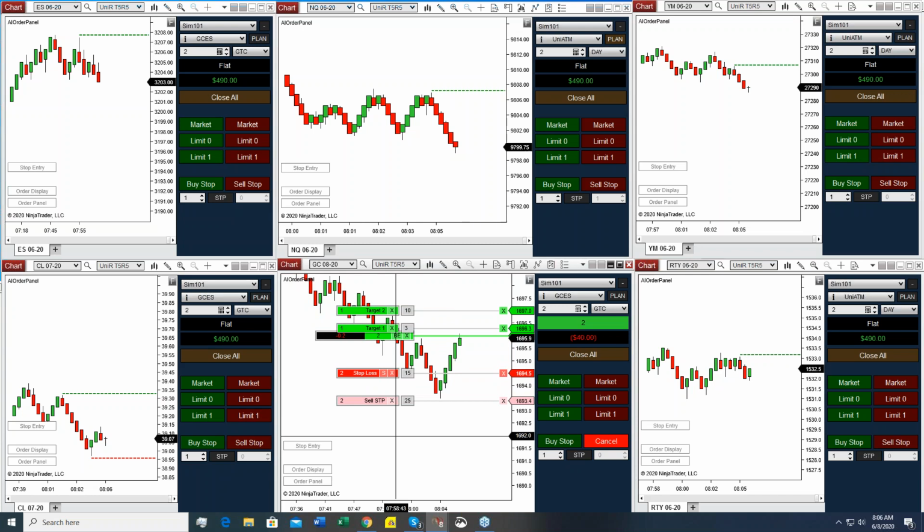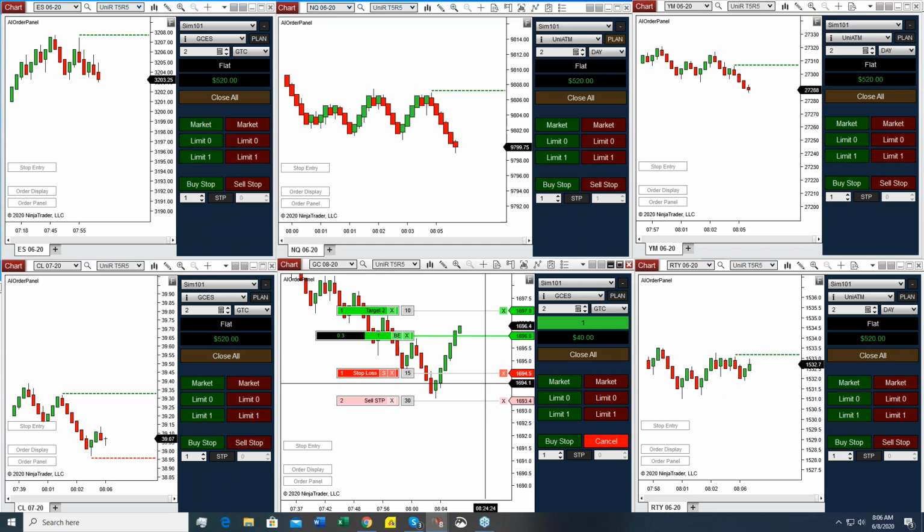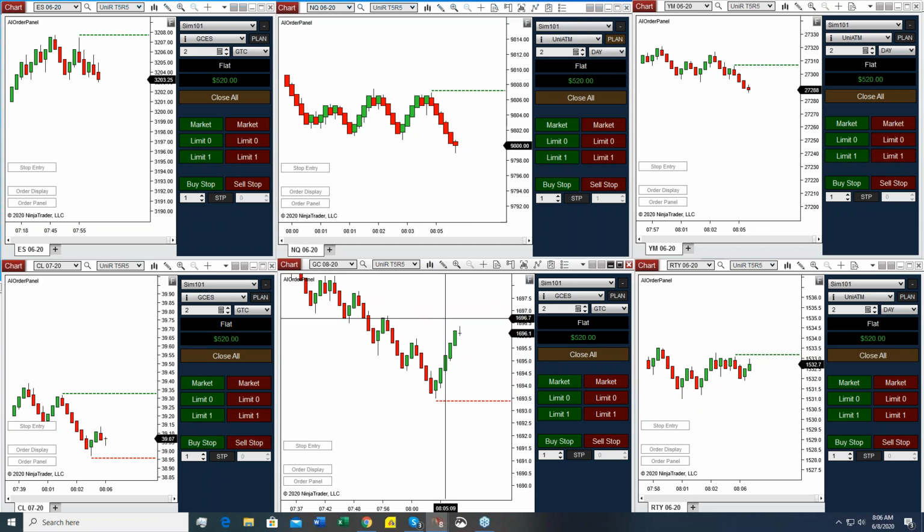This is the methodology that I taught Tom years ago. Gold hit first target and didn't fill it. Target filled on gold. So I'm going to cancel that. Order canceled. Go to break even. Oh, it took me out of break even.